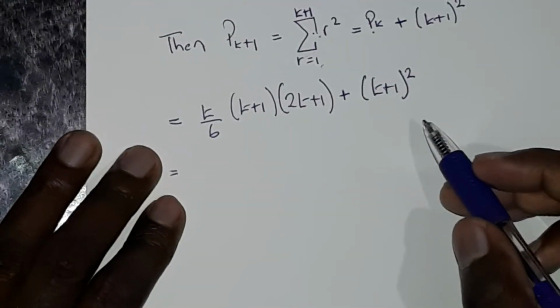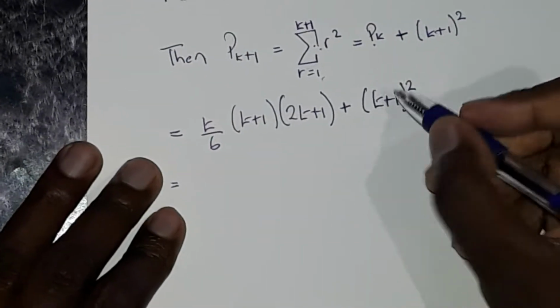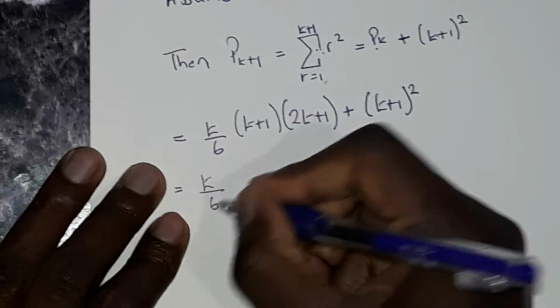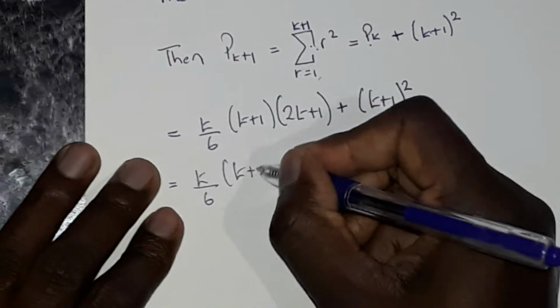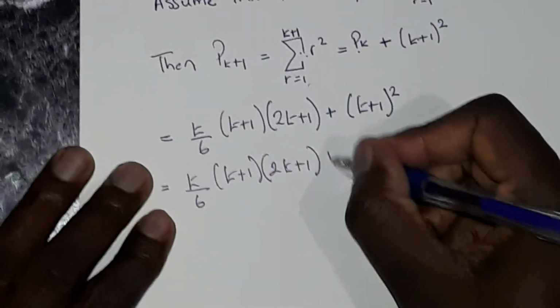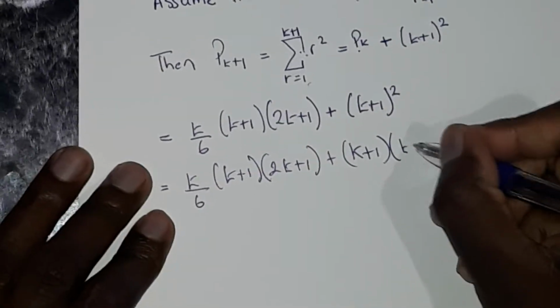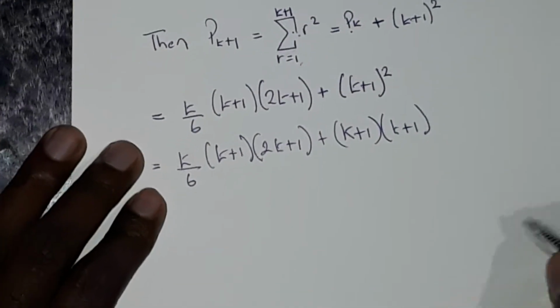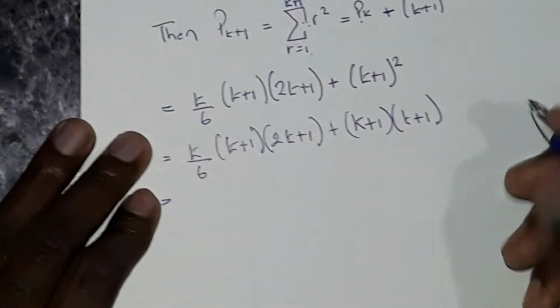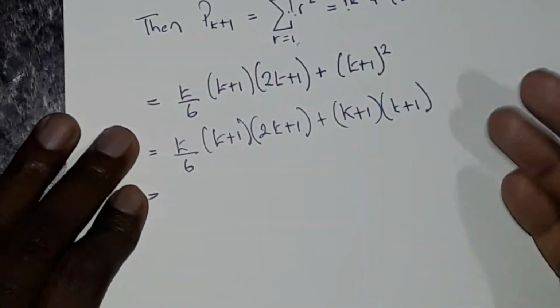So now what we're gonna do is expand this k plus 1 squared, which will give you, okay, and then now we see that on both sides of the plus sign we have k plus 1, which is a common factor.